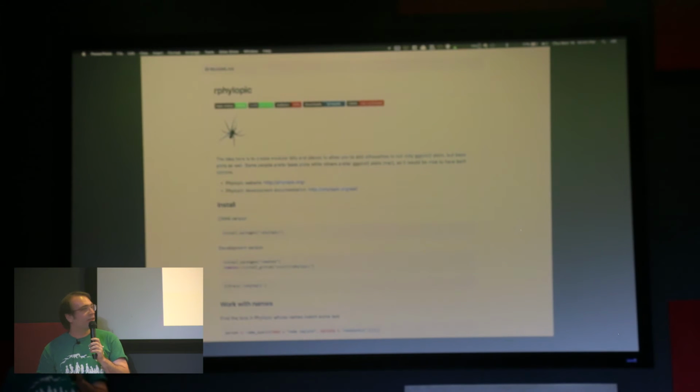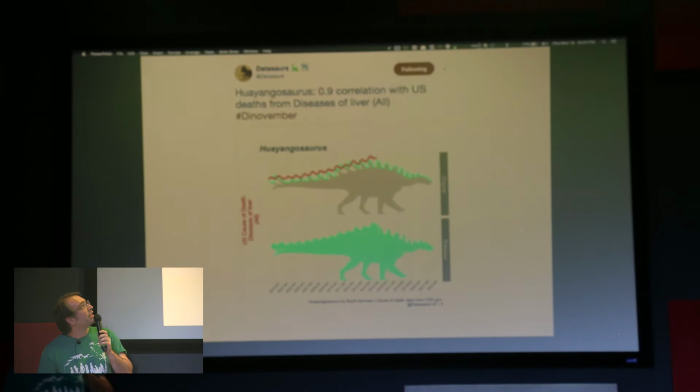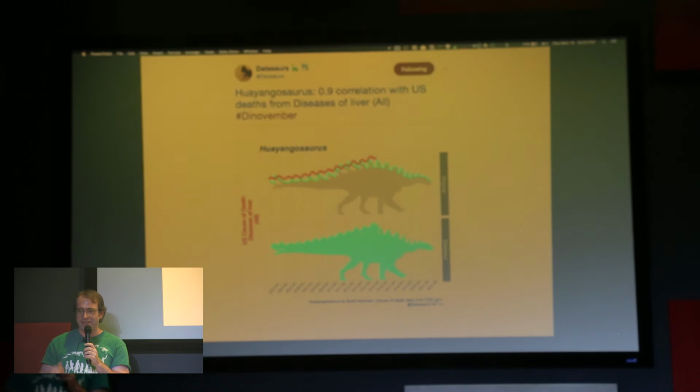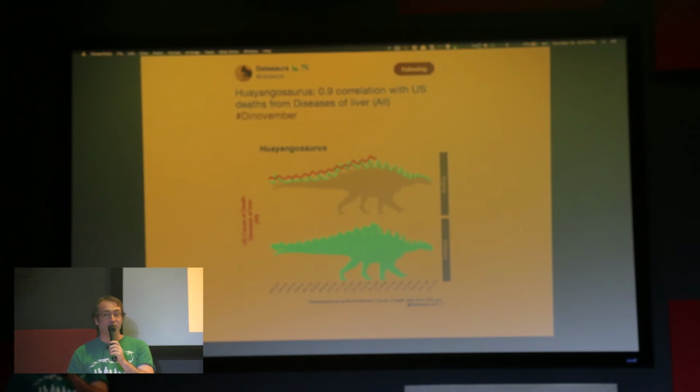And one of the weirdest uses I've seen is this tweet bot called Datasaurs, which automatically finds statistical correlations between the outlines of prehistoric animals and monthly causes of death in the United States. Yes, it is Dino-Vember right now.